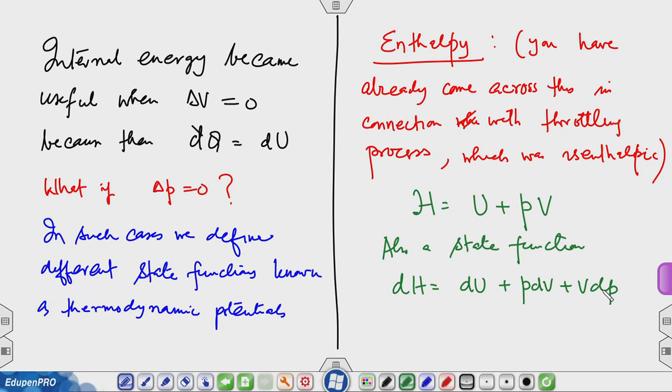And I can write dU as T dS minus P dV using the central equation, and then I add P dV plus V dP. These terms cancel and you get T dS plus V dP.